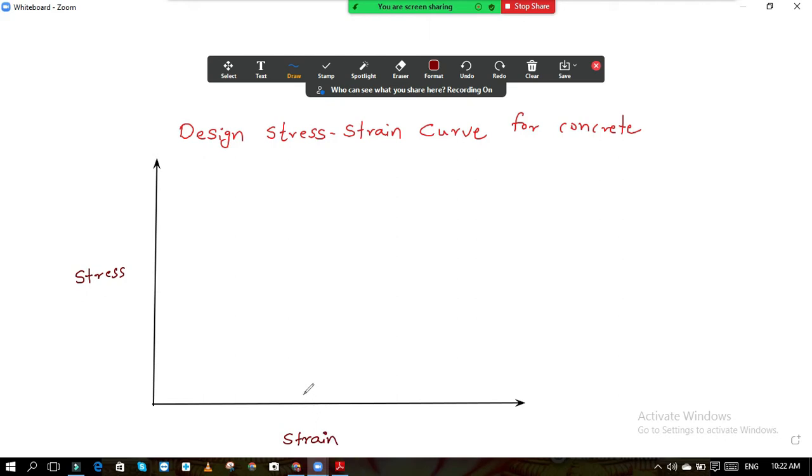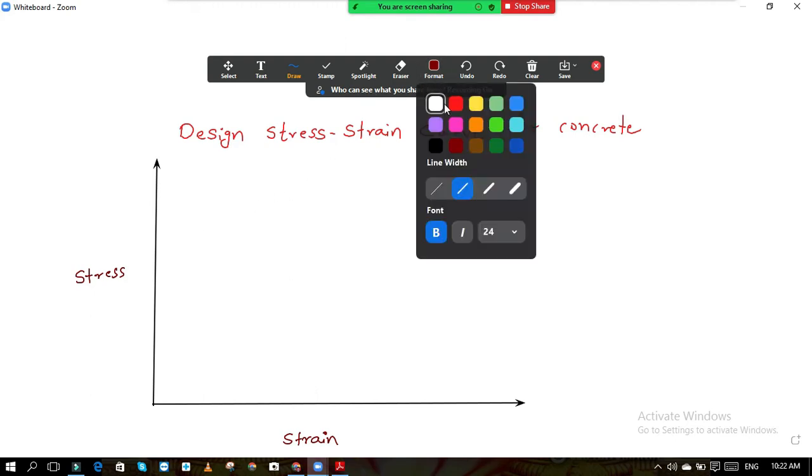Now consider concrete of any grade. If we draw the characteristic curve of the cube, if you cast a cube and break it on the CTM, and we want to draw the curve of that breaking procedure, how it breaks, how the stress increases, how the strain increases, then simply the curve is like this.